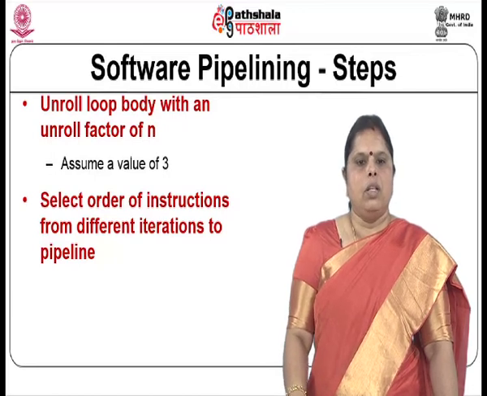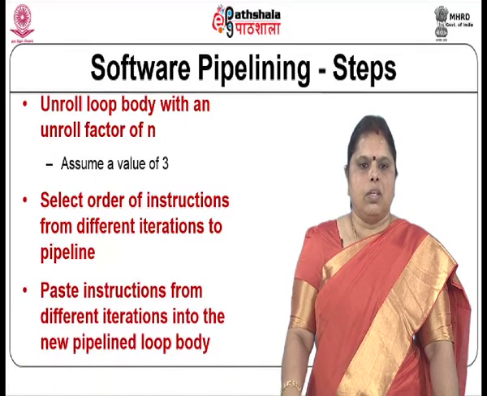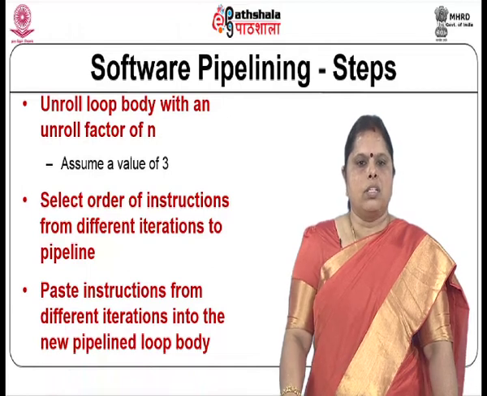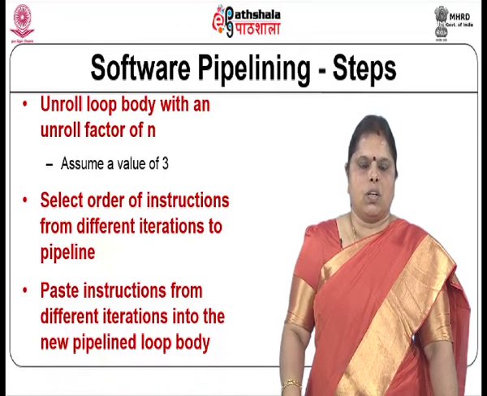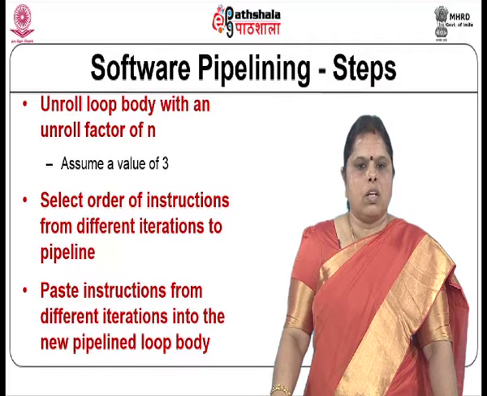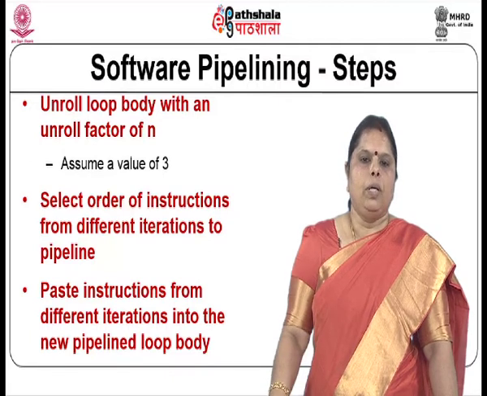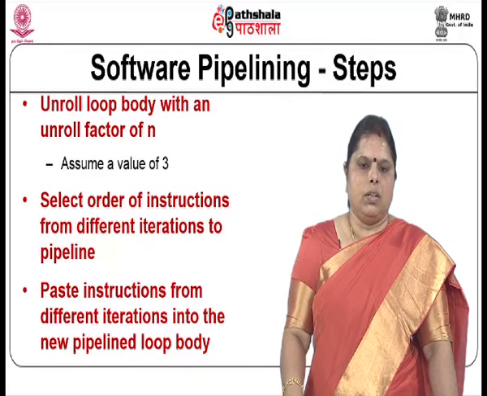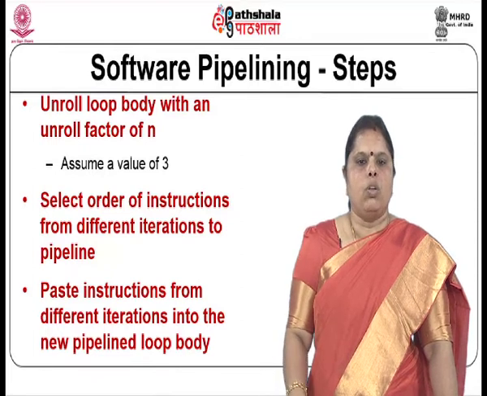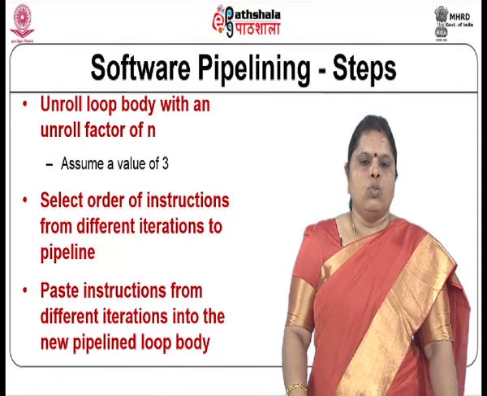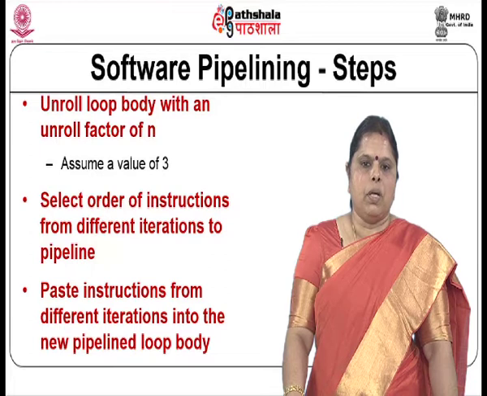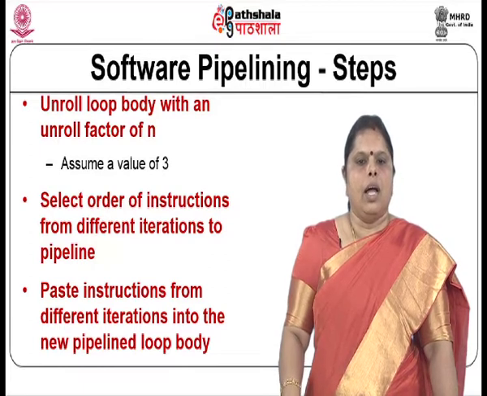For example, our loop body here consisted of 3 instructions: a load instruction, an add instruction, and a store instruction. You pick the load instruction from a particular iteration, you pick the add instruction from a different iteration, and you pick the store instruction from a third iteration. Only when you have instructions picked from the same iteration is the add going to be dependent on that load and the store going to be dependent on the add.